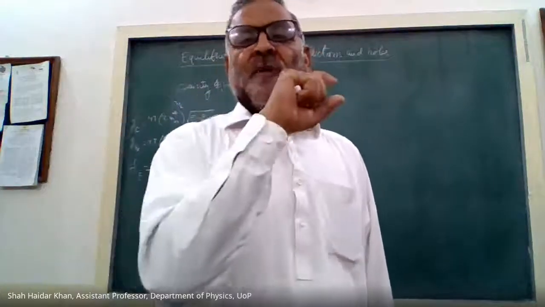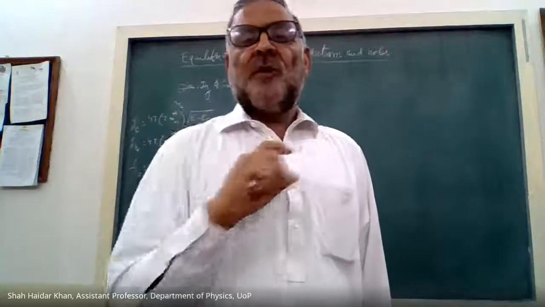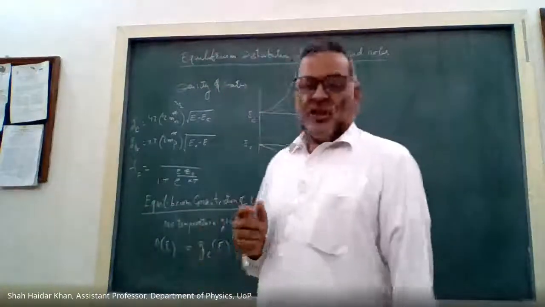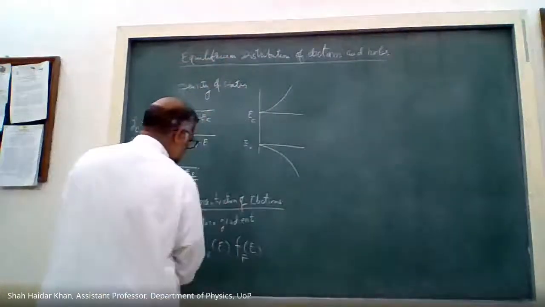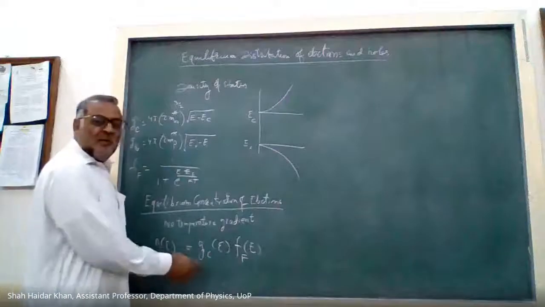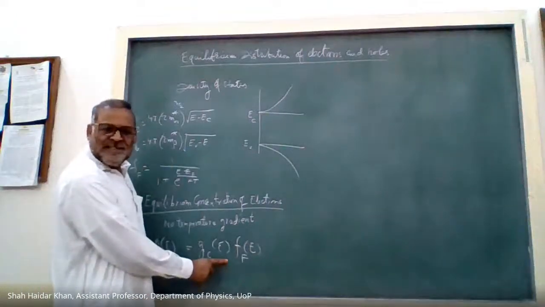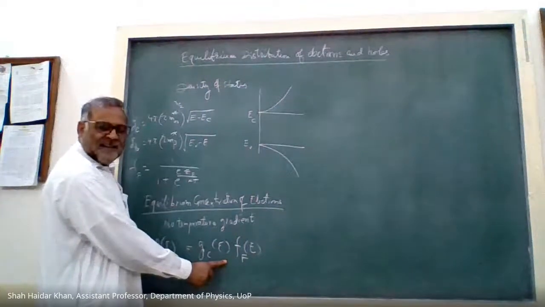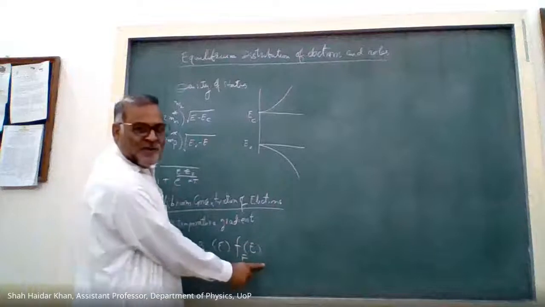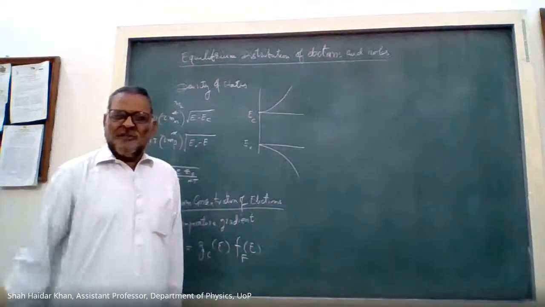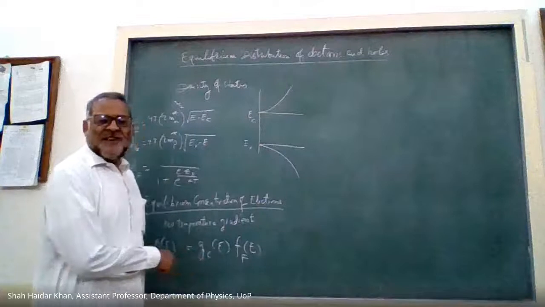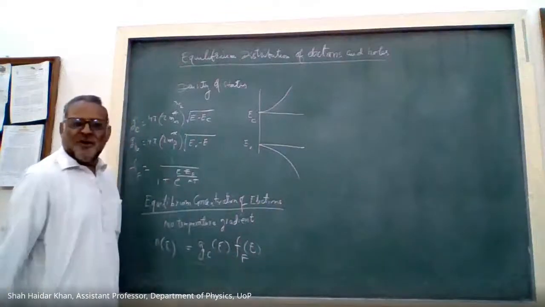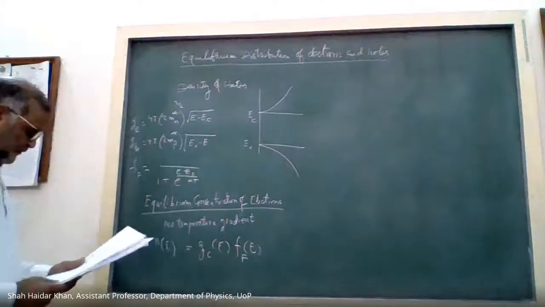So there will be some number of electrons in the conduction band, some number of holes in the valence band. Now we are talking about the electrons in the conduction band. So if N is the number of electrons in the conduction band, I will multiply it with the density of states in the conduction band, right? And the function which gives you the probability of occupation. How much is the occupation of a single state? So that will give me the total concentration of electrons, right?